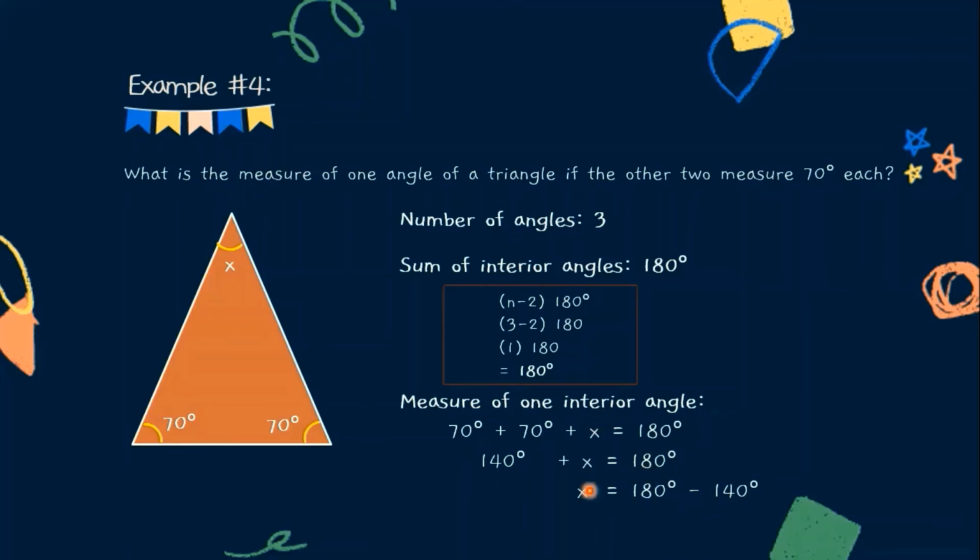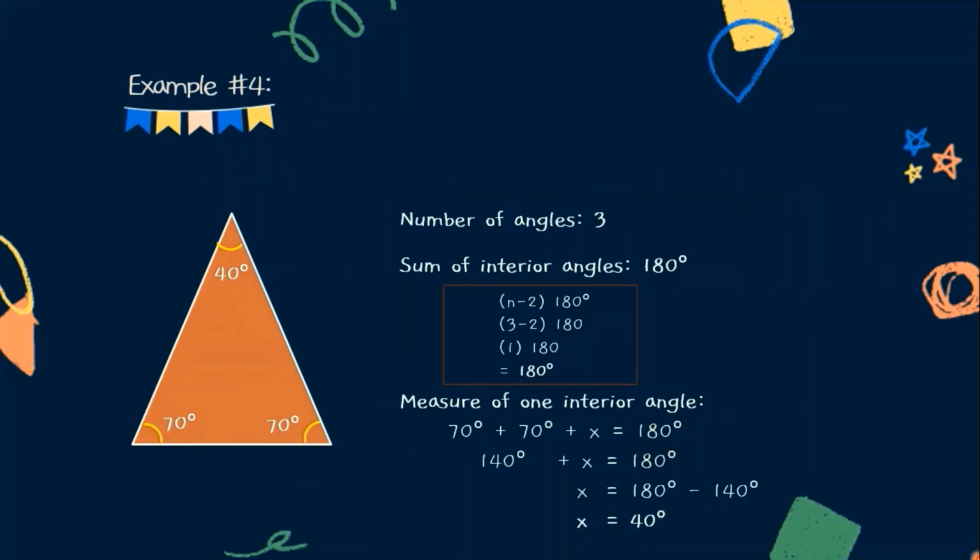And then, yung x, drop down lamang natin. And then, perform the operation. x is equal to 40 degrees dahil 180 minus 140 is equal to 40 degrees. Kaya naman itong ating missing angle ay 40 degrees. And if we add all of them together, 70 plus 70 plus 40, ang ating sagot ay 180 degrees.